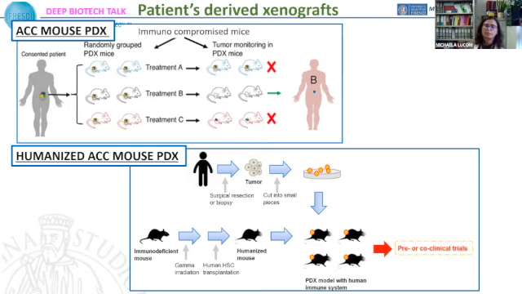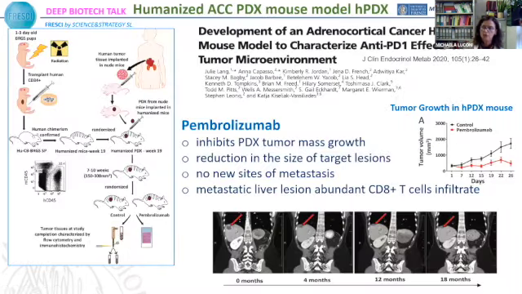So we can deplete the mouse of its own immune system, collect the immune system from the patient and observe the response of the immune system of the patient in the xenograft obtained using the tumor tissue. So they are very complicated but very informative.